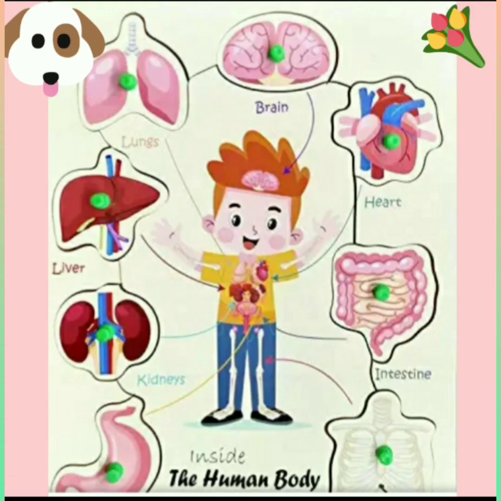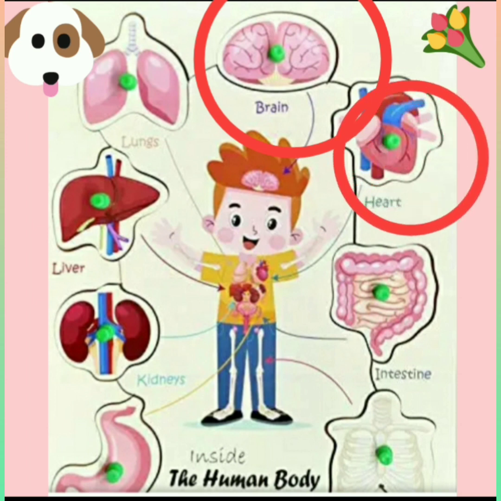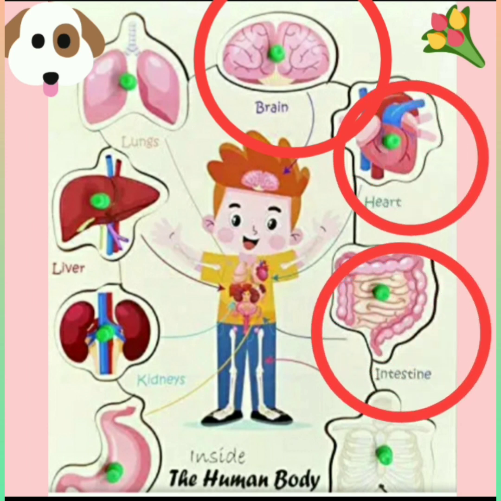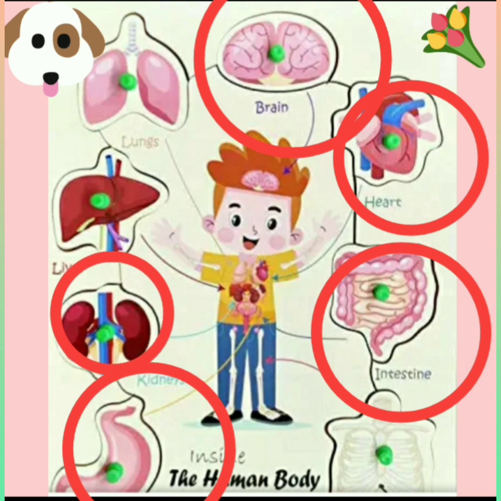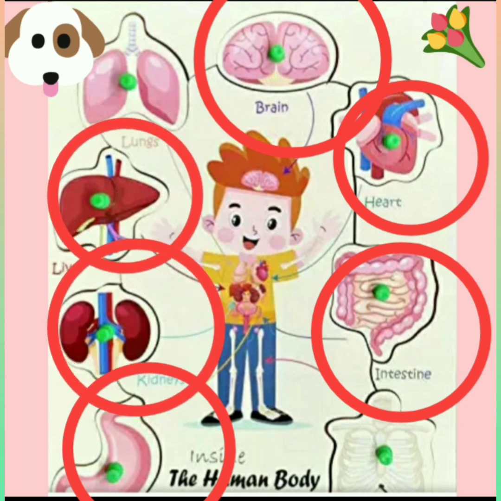And to perform all these functions, living organisms have different organs in the body, like brain to think, heart, intestine, stomach, kidney, liver and lungs, etc.